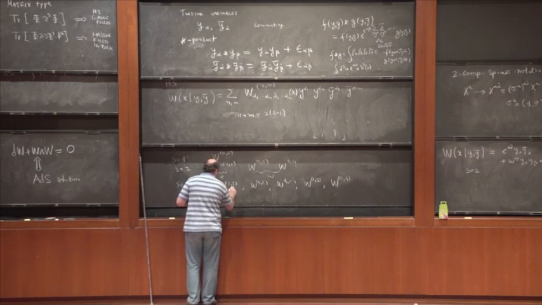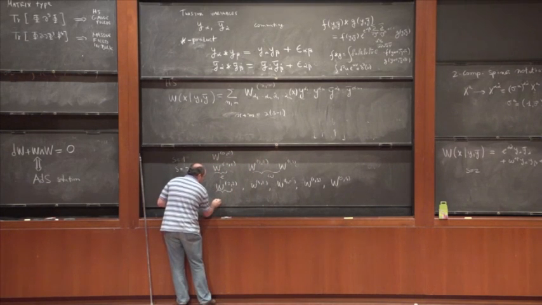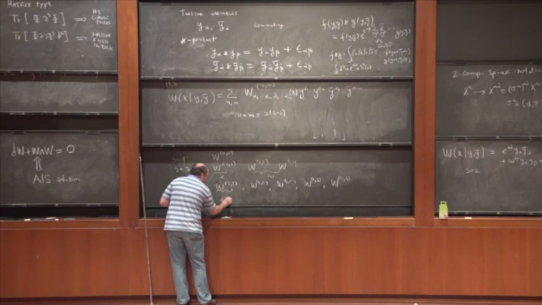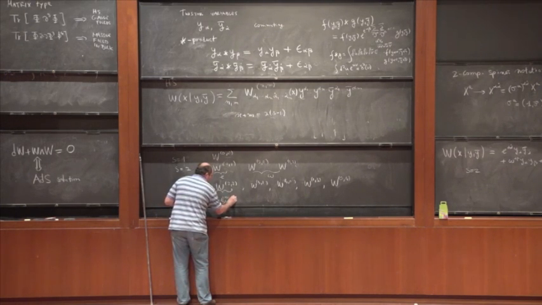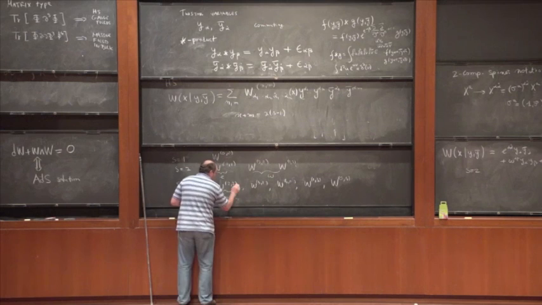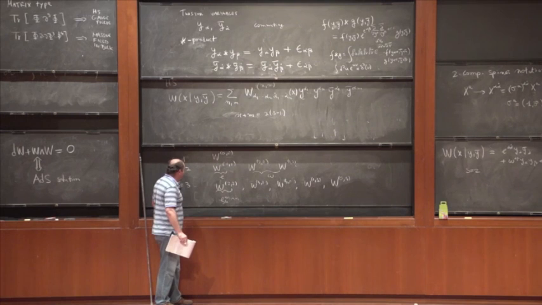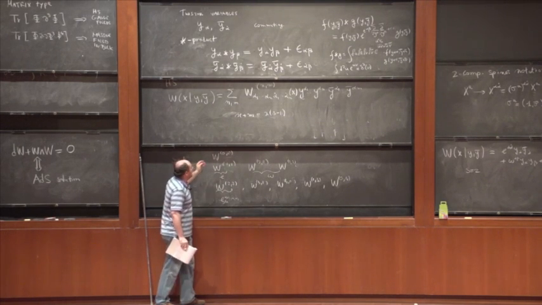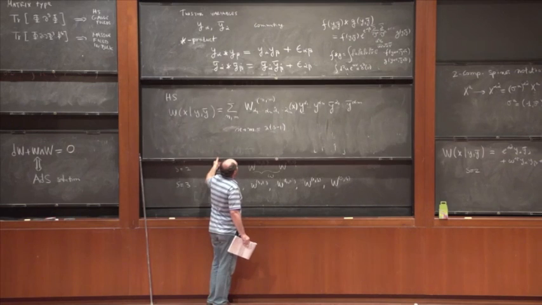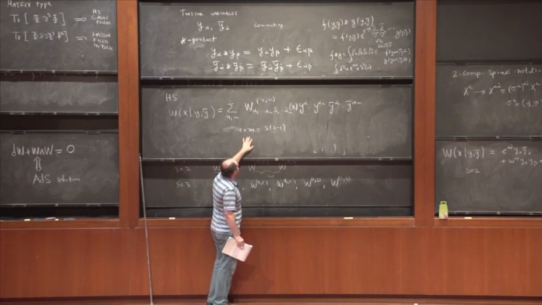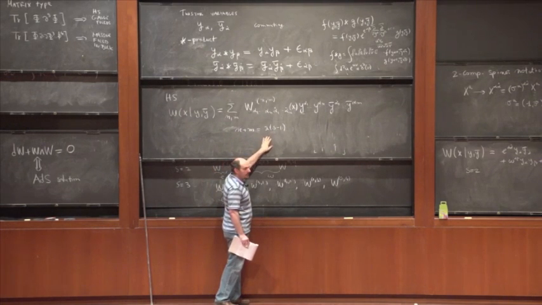This object looks like e mu alpha 1 alpha 2, alpha 1 dot alpha 2 dot. Did I say spin 3 rather than spin 4? Yeah, okay. So n plus m is 2s minus 1.